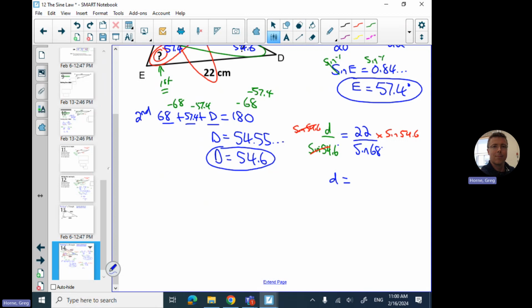If you're not positive your calculator is doing the right stuff, write up the numbers individually, right? I just got a number that didn't make sense, so bear with me here. Sine of 54.6 is 0.81 multiplied by 22, and then we're dividing by, I'm going to put brackets to make sure it does what it's supposed to, sine of 68.